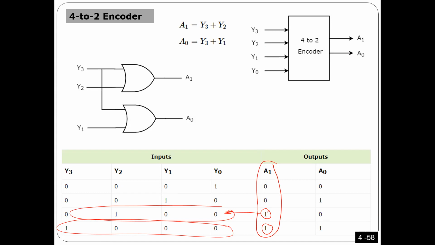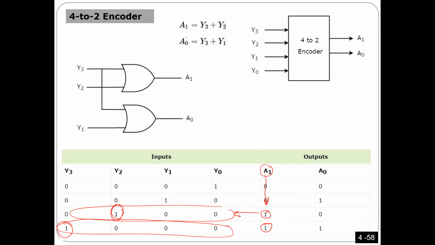But I'm not going to do that. I'm going to do it differently in this specific case, and I'll tell you why it's different. When I design A1, I look at these 2 cases, and I'm going to say Y2 or Y3.